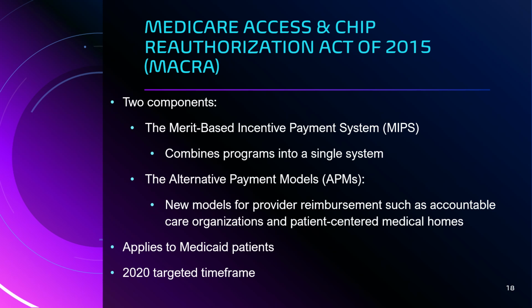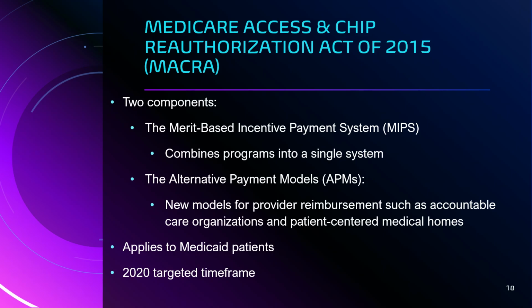Second, there are alternative payment models, or APMs. And these models try new ways of reimbursing providers for Medicare. Some examples include lump sum incentive payments offered between 2019 and 2024 for eligible providers.